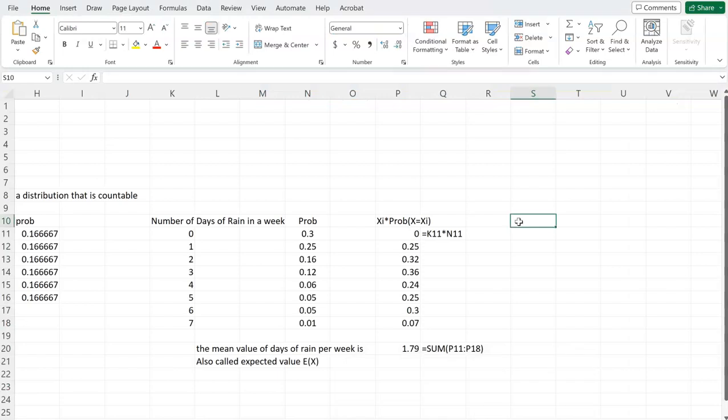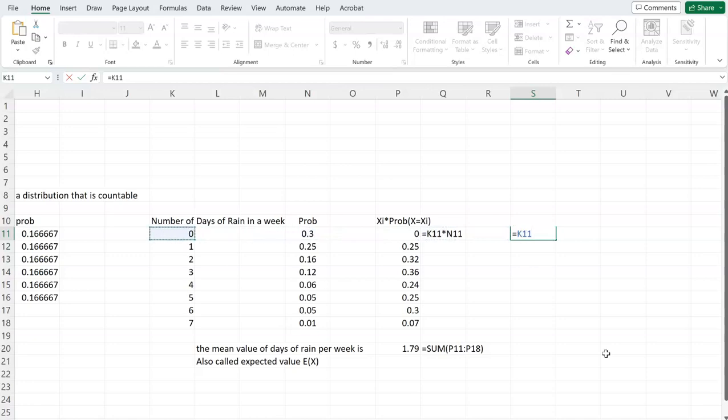So what we will do first is xi minus the expected value of x. So my xi minus the expected value of x, which is this value.